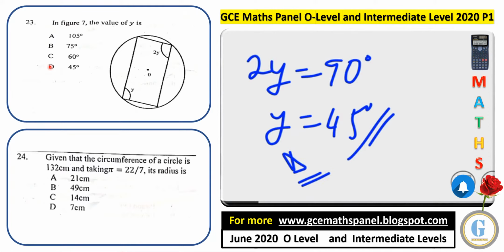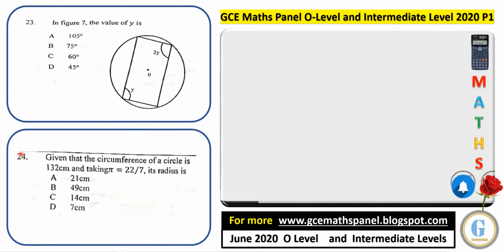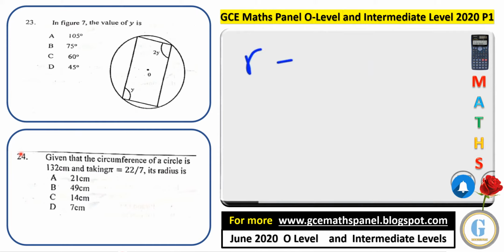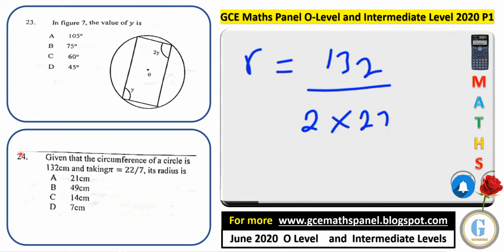Question number 24. Given the circumference of a circle is 132 centimeters and taking pi as 22 over 7, what will be the radius? So we know that circumference is given by 2 pi radius, and therefore the radius will be equal to circumference divided by 2 pi. So this will give us the radius to be equal to circumference 132 divided by 2 times 22 over 7.